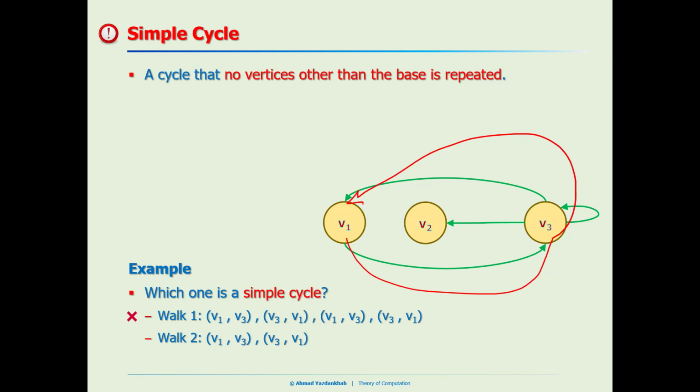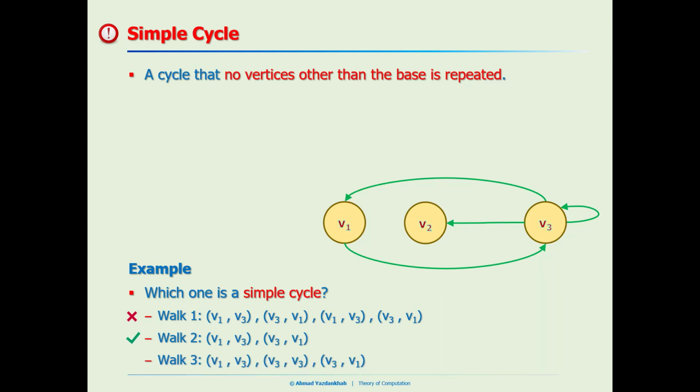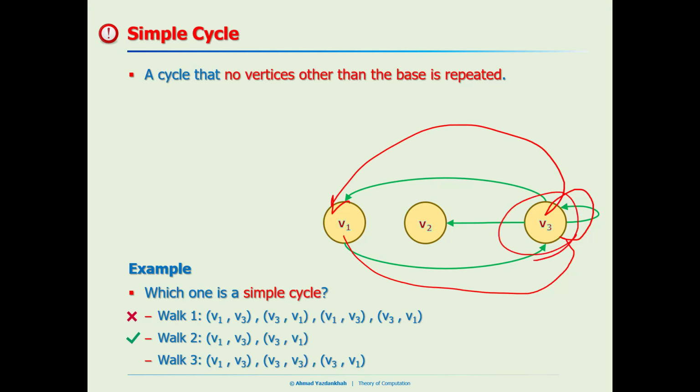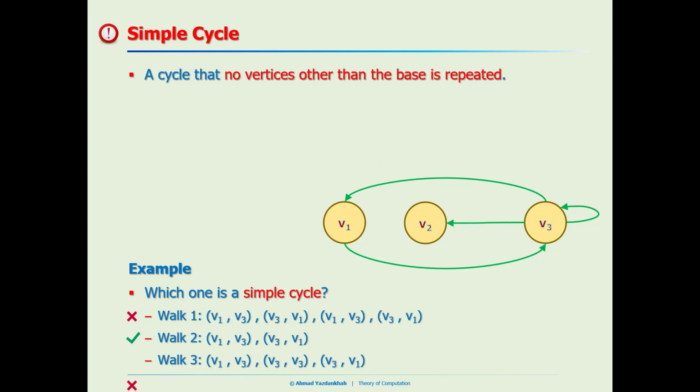Yes, it was a cycle, and based on this definition, it is a simple cycle. And how about this one? V1 to V3, V3 to V3, V3 to V1. You see, this vertex is repeated twice. It is a cycle, but it is not a simple cycle.